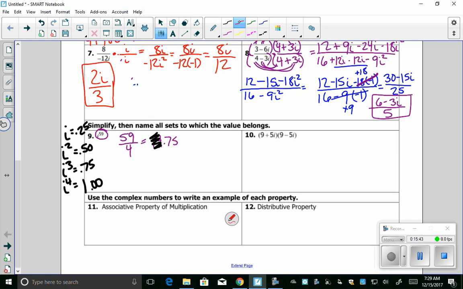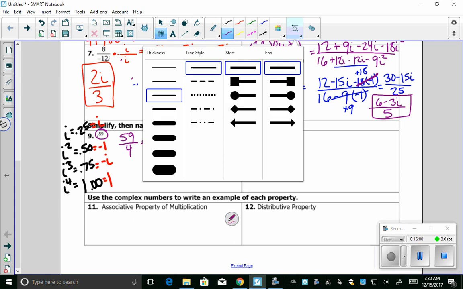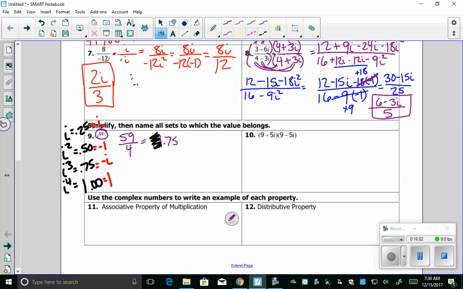Well, i equals i. i squared is negative 1. i cubed is negative i. And i to the fourth is positive 1. So in this case, we got 0.75, so I'm going to use this. My answer is going to be i to the 59th equals negative i.